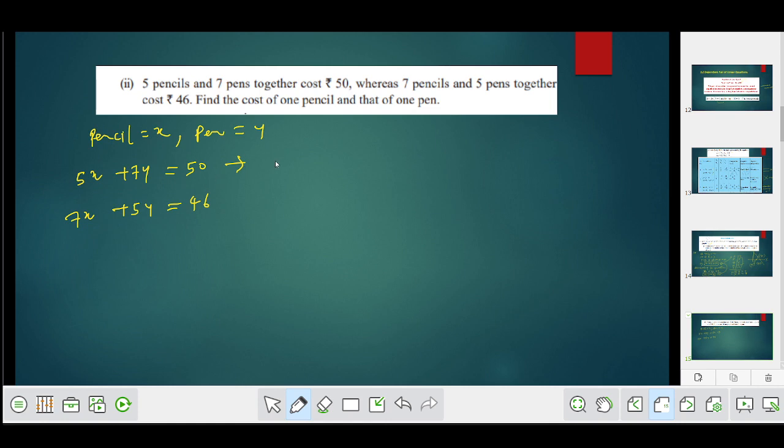Find out that if y equal to 0, then x will be 10. If x equal to 0, y will be 50 by 7.